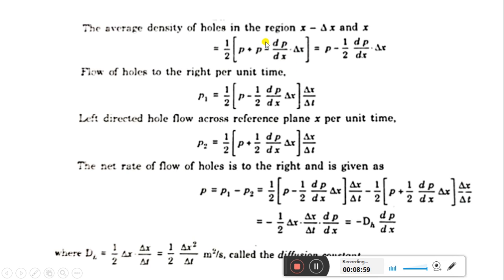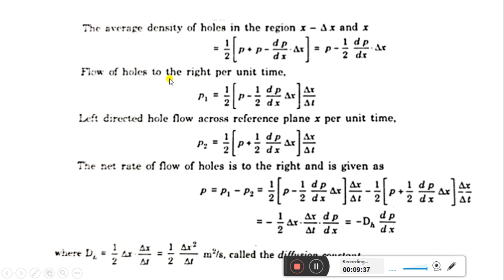At x minus delta x, what will it be? P minus dp by dx delta x. So this will be the average density of holes in the region x minus delta x and x. If we open the bracket and resolve this equation, this will become p minus half dp by dx delta x. Now this is the average density of holes which we have found out.